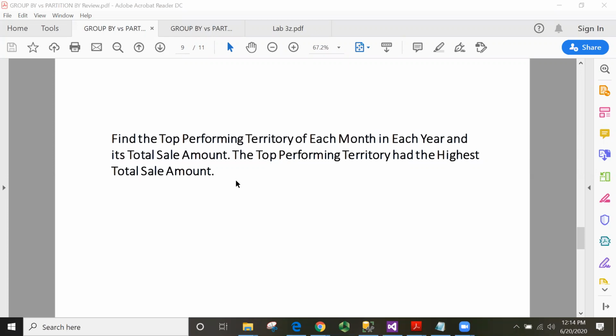Then partition by and group by are very good tools. Group by can aggregate data, can summarize data. Therefore, we want to do data aggregation. For example, if you want to calculate the total count or the total amount, then you would use group by together with sum or count, right?